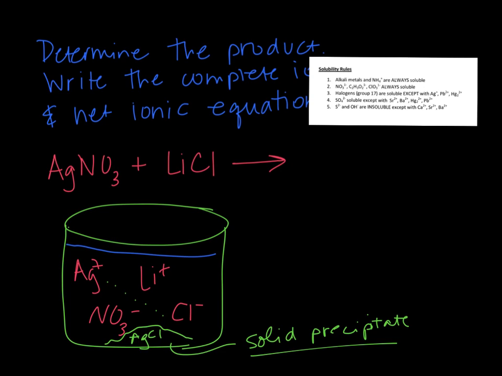And we usually label stuff that dissolves in water as aqueous because it's dissolved in water. So these two things dissolve in water, aq. And then we would end up getting silver chloride, and we would label it with a small s, showing that it's the solid.